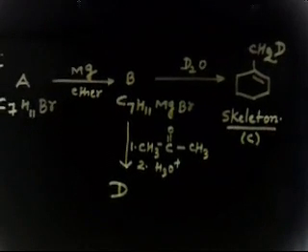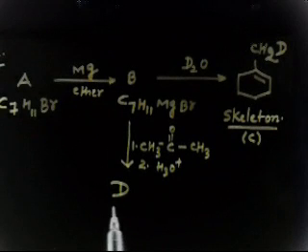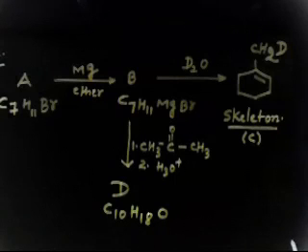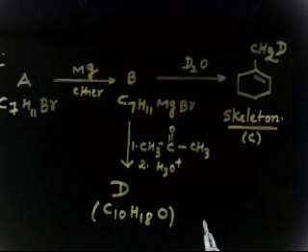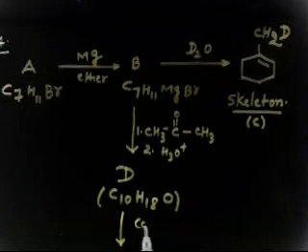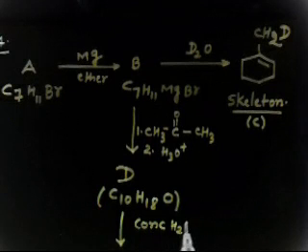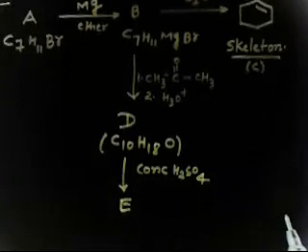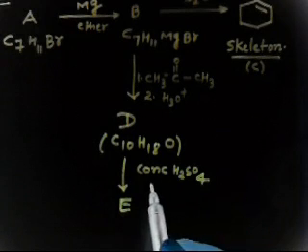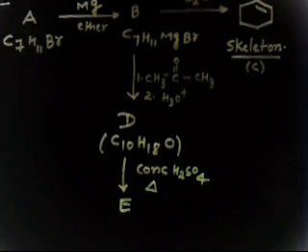D has a molecular formula C10H18O. D with concentrated H2SO4 and heating gives E. So this is a dehydration of alcohol.